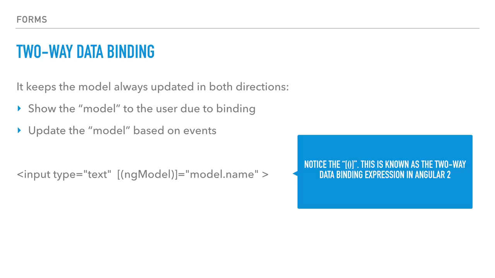But model.name will have a value, and when we initialize, the input will show this predefined value. Once the user starts typing or deleting keys or characters, then the model.name will be always updated with the latest value. So this is what I meant when I'm talking about two-way data binding. And this is an awesome feature.